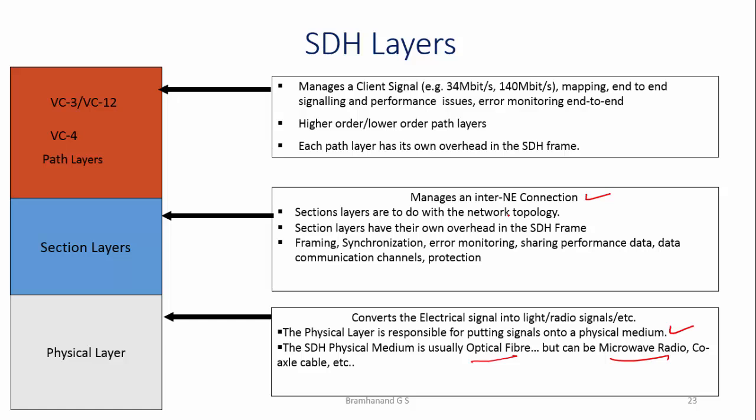Section layers have different functionalities to play based on network topology, with a regenerator or without a regenerator, and so on. They have their own overhead, as we discussed in the SDH frame.